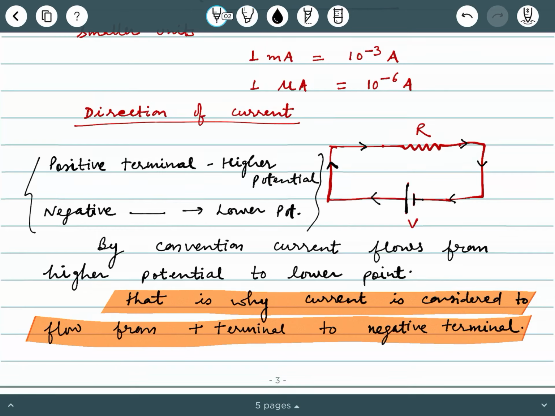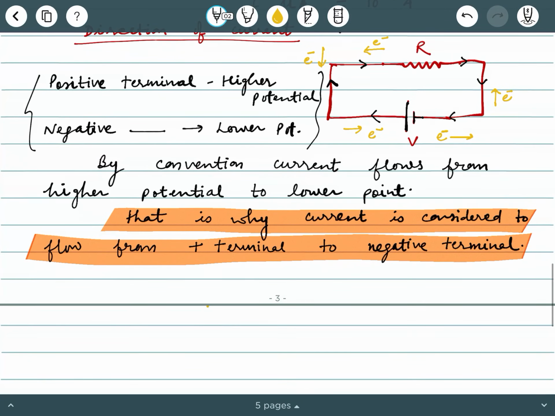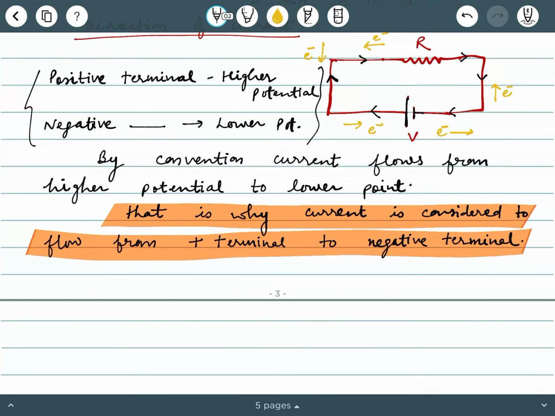But in reality, please think about it. In reality, electrons actually move in opposite directions. Electrons move like this, e negative, they go like this. Electron goes in the reverse direction. Electron is moving opposite to conventional current, so that is electronic current.